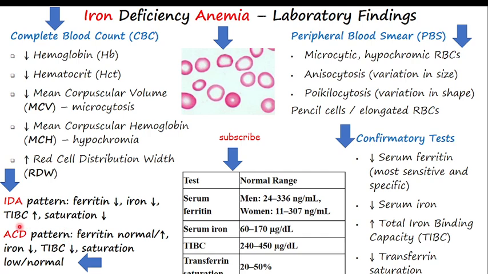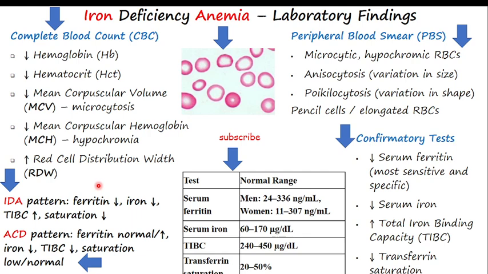But total iron binding capacity is another parameter to distinguish the two, because in iron deficiency total iron binding capacity is increased, while in anemia of chronic disease it is decreased. With the help of this, you can know whether a case study is for iron deficiency anemia or for anemia of chronic disease. So let's have a look at the case study.